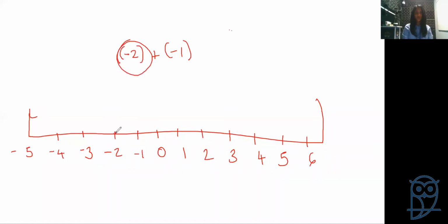We're going to go -2 plus -1, so we're going to do one jump. Everybody agreed? One jump to the left, because we are minusing, and our answer will therefore be -3.